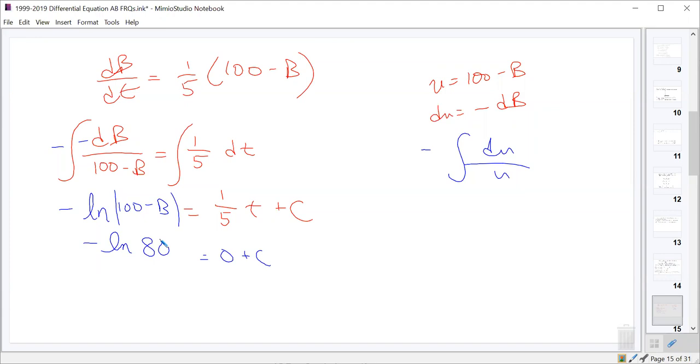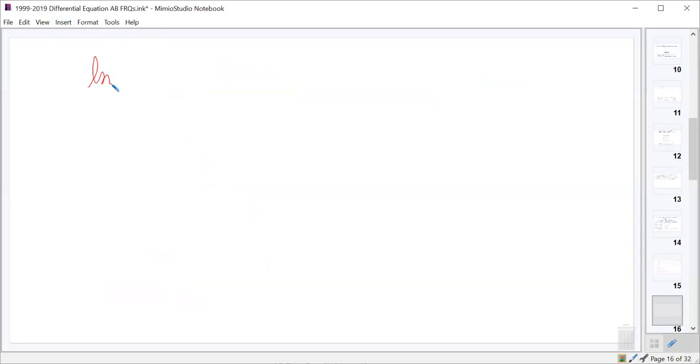Then we finish solving. Negative natural log absolute value of 100 minus b equals 1/5 t minus the natural log of 80. From there, first thing is we'll divide by a negative. So that's going to give us natural log absolute value of 100 minus b equals a positive natural log of 80 minus 1/5 t, right?